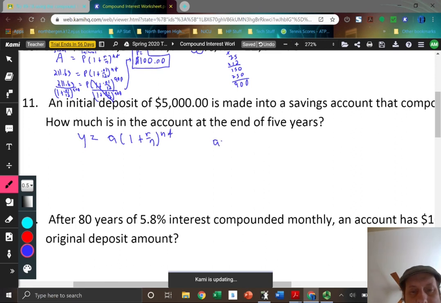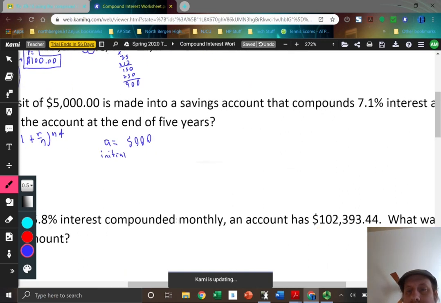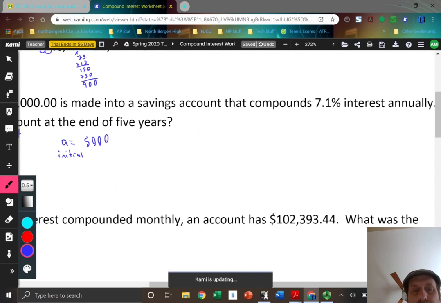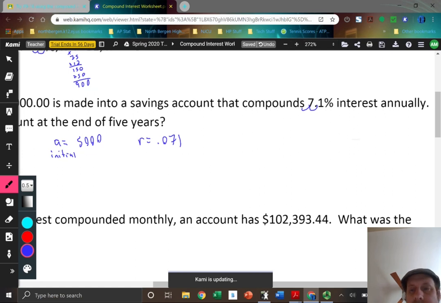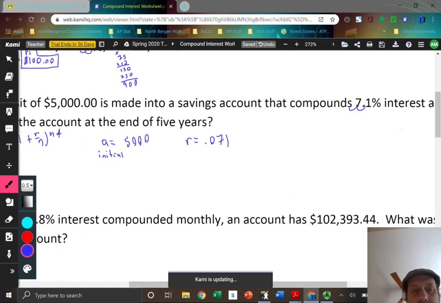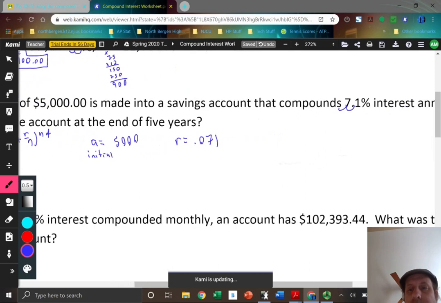So the initial deposit right here is $5,000. Being the same account, it compounds 7.1% interest, so our r is 0.071, because we're moving the decimal 2 to the left. And it compounds annually.